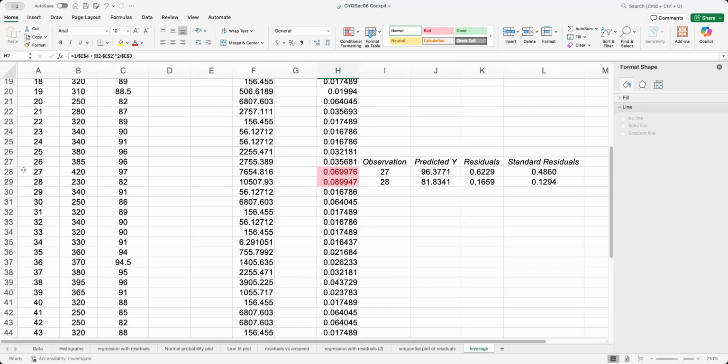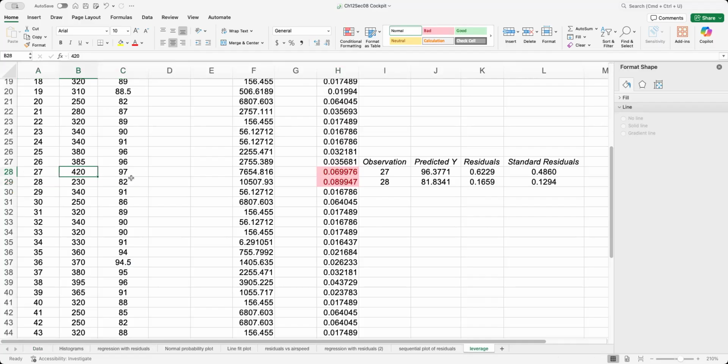oh, wait. The one with the highest leverage is the one with the lowest airspeed. It's the one all the way at the far end on the left. Just like in our example in the textbook, it's the one at the end of the lever.